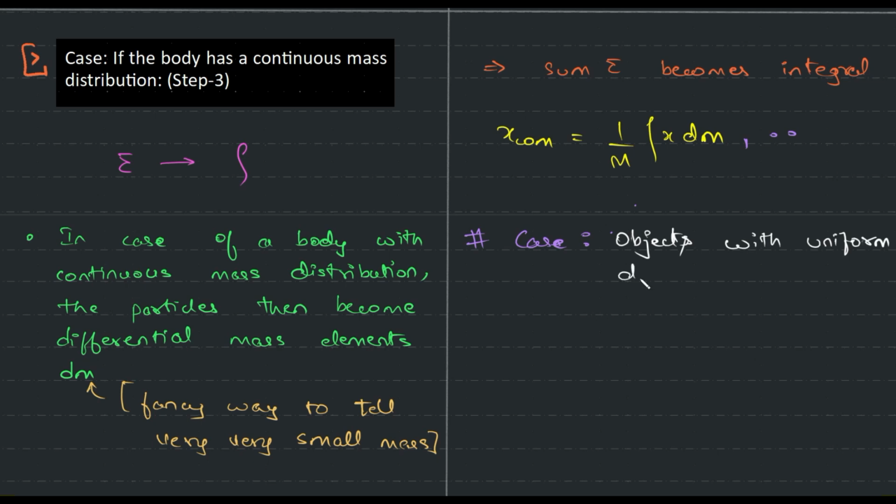Basically, if you take any part of the object, the mass will remain the same. If I take any part, say, of the same dimensions, of course, the mass will remain the same. So I hope you understand this statement, uniform density. You learnt this in previous grades, okay? So we will be looking at uniformly dense objects.